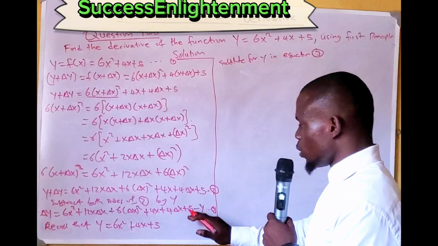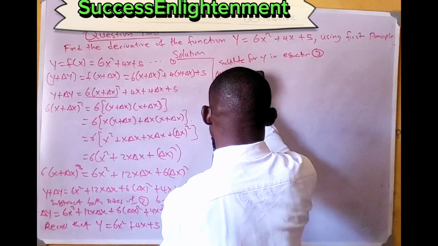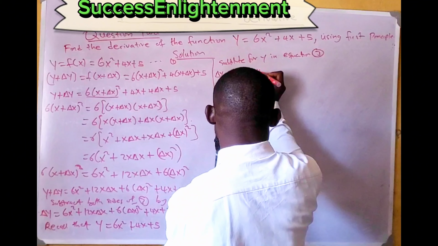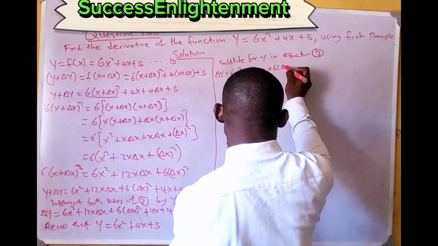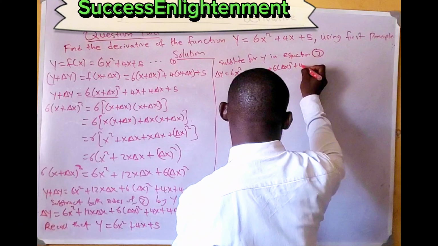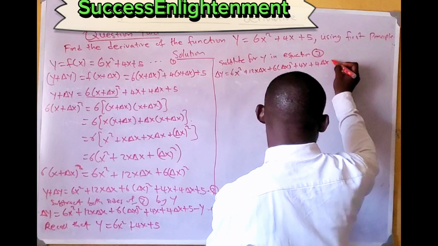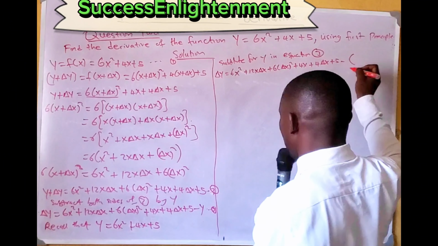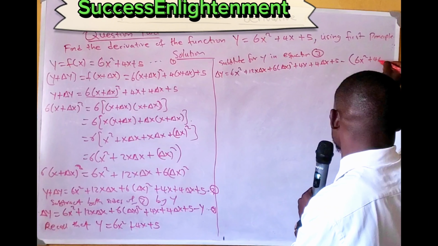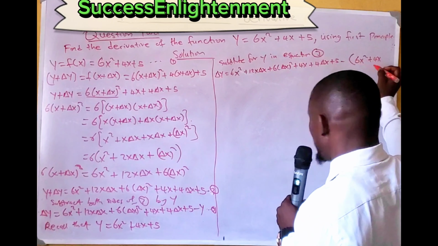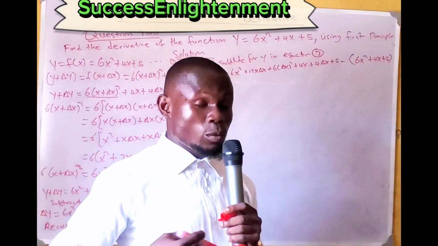Then our change in y will now equal 6x squared plus 12x change in x plus 6 into change in x all squared plus 4x plus 4 change in x plus 5 minus, what's our y? Our y is 6x squared plus 4x plus 5. I have to put everything here in brackets, because the minus must go through everything.